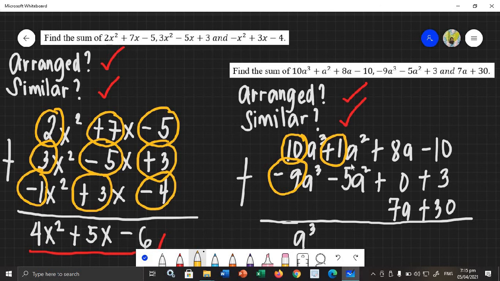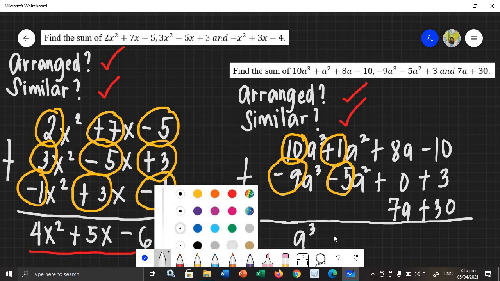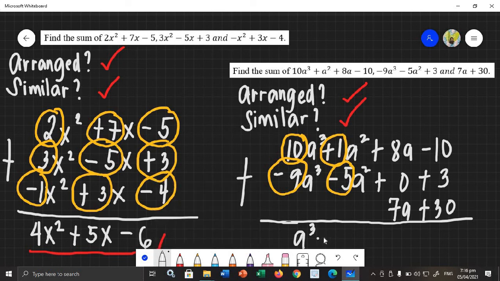So, we need to add positive 1 to negative 5. Okay? And then, 1 plus negative 5, the answer will be negative 4. So, pakilagay is minus 4 kasi negative yung nakuhang answer. And then, copy natin yung literal coefficient, which is a squared.